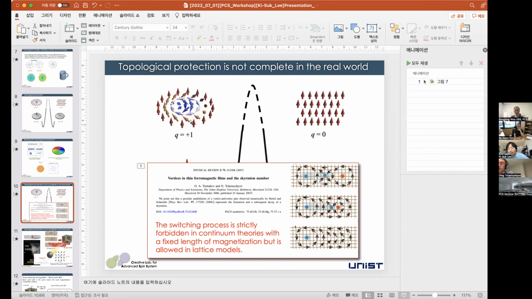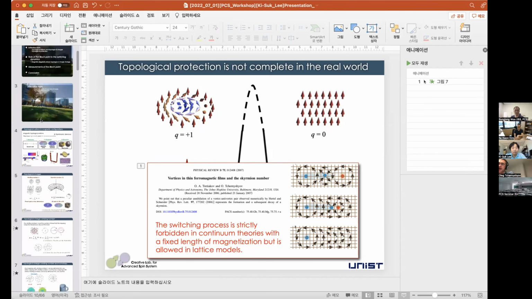Let's consider a film, and let's say the spins are XY spins. They can only point in the plane. Then we know there are vortices, which are true singularities in that case. At the center, they don't know where to point. They cannot escape into the third dimension because it's XY.